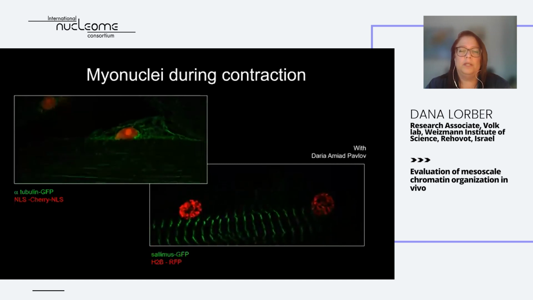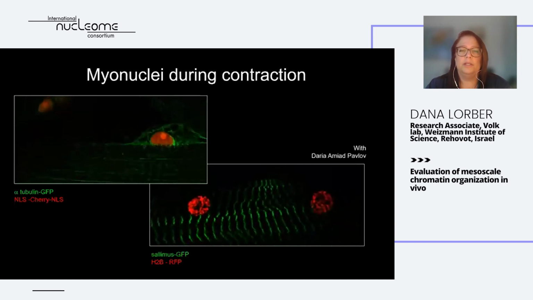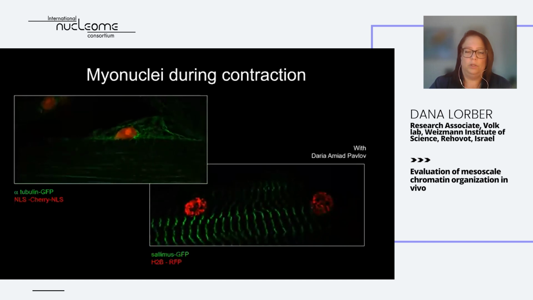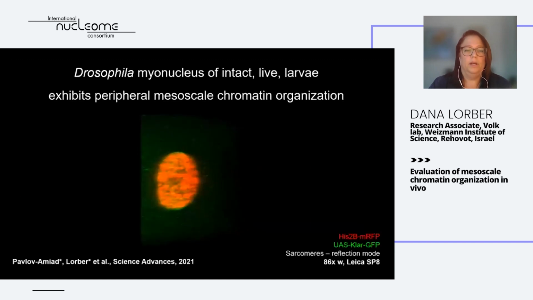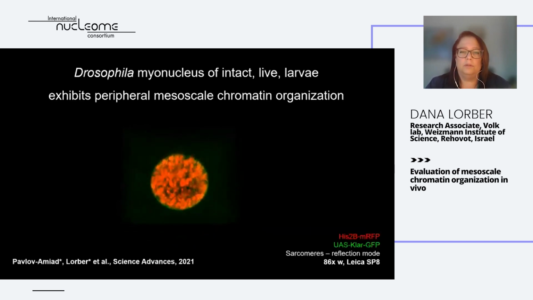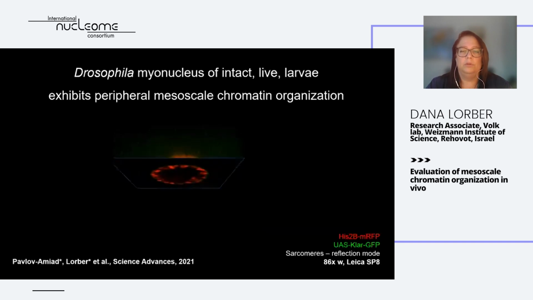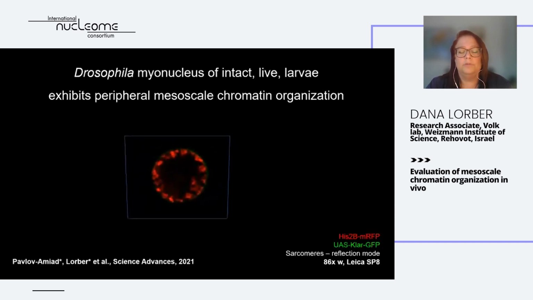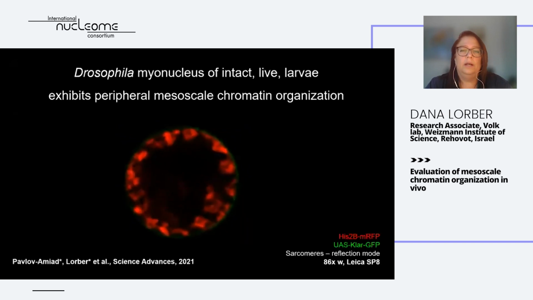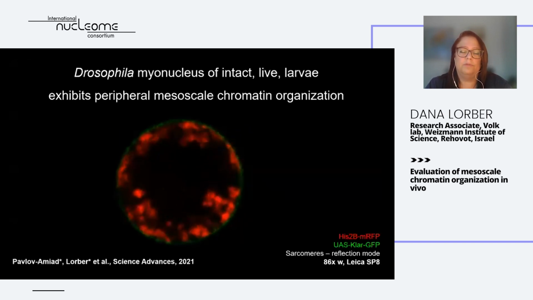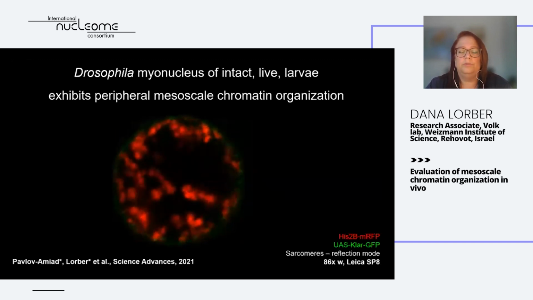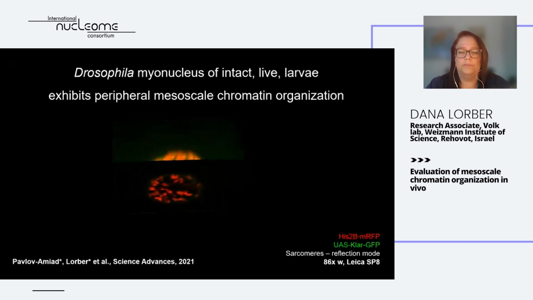Using these tools, we can now look at chromatin spatial organization in the native tissue in vivo. Exploring the chromatin organization in a live nucleus shows that chromatin does not fill the entire volume of the nucleus, but rather organizes at its periphery, leaving a chromatin devoid volume at the center of the nucleus.